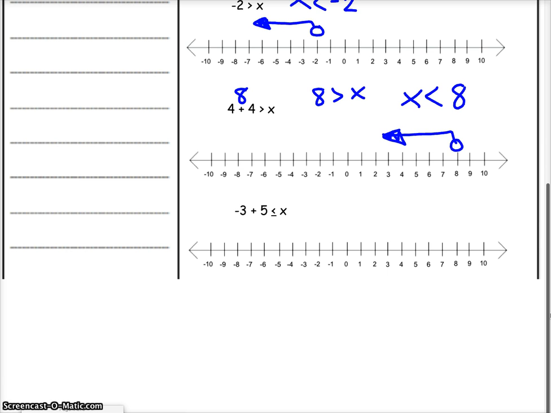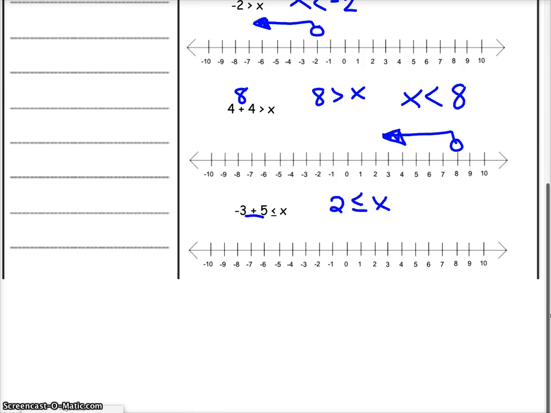Negative 3 plus 5 is what? Two. Negative 2, darn it. Negative 2 is less than or equal to x. No, it'd just be two. Oh, true. Oopsies. Okay, very true. 2 is less than or equal to x.